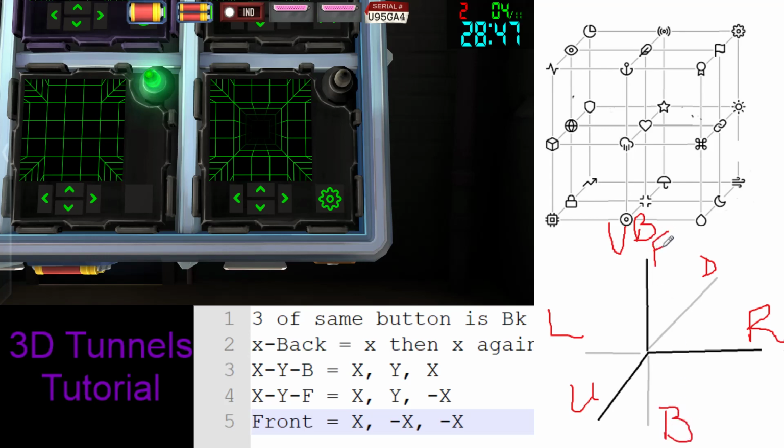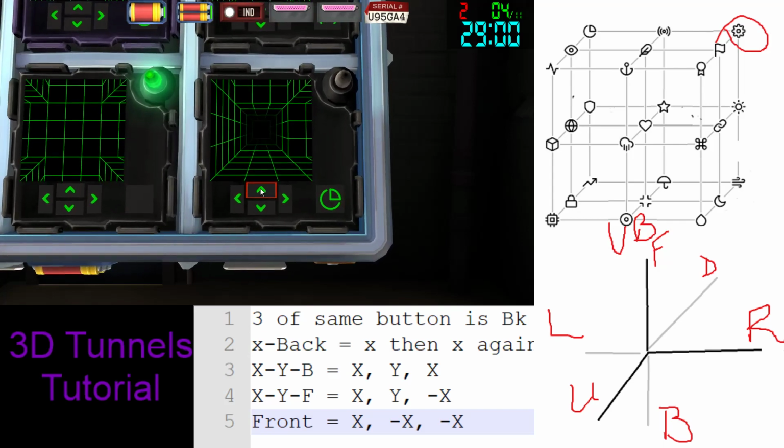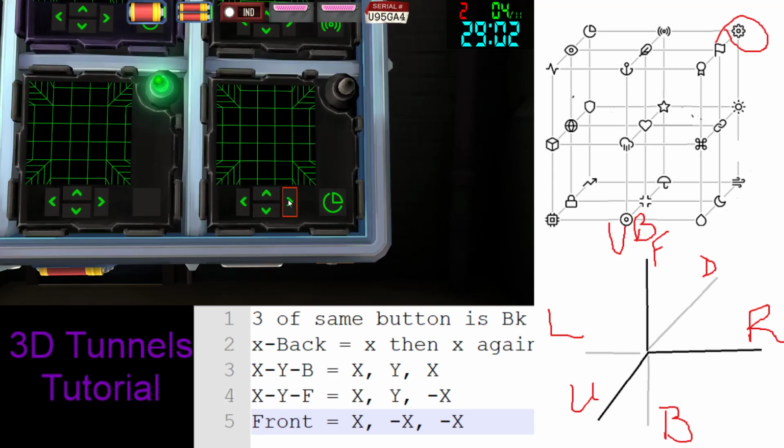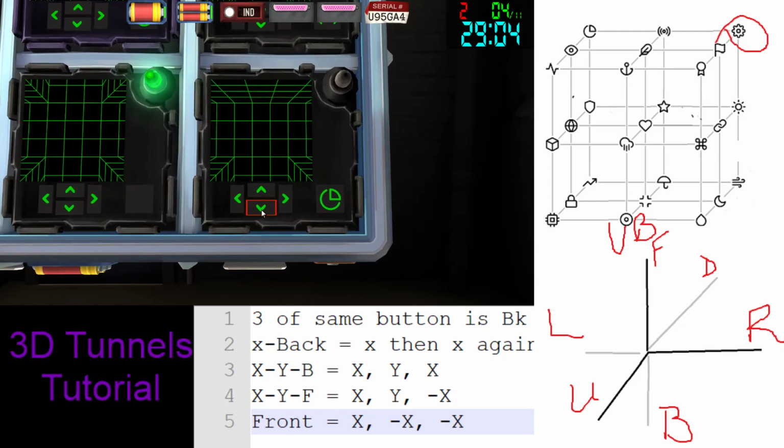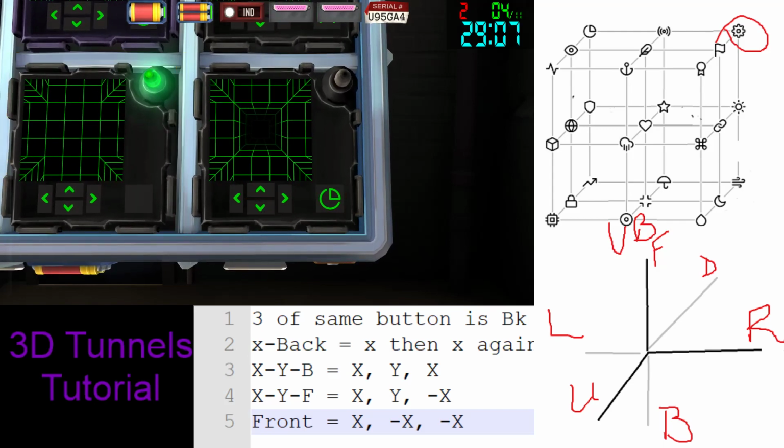I think this might be the same as the last one. Gear, down, right, front. Down, right, opposite of down to get to front, undo, undo, undo. Order.